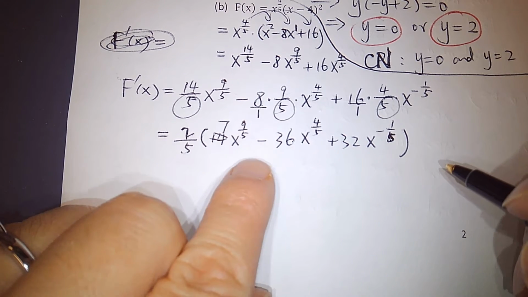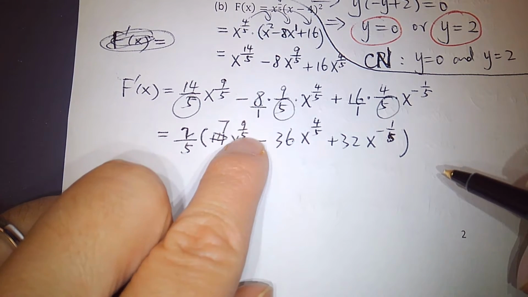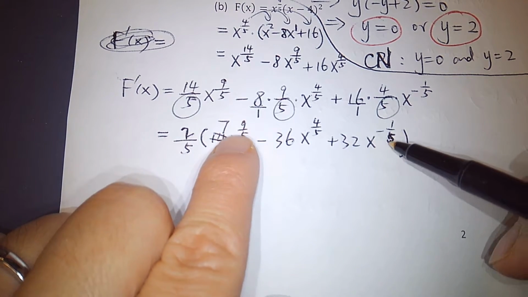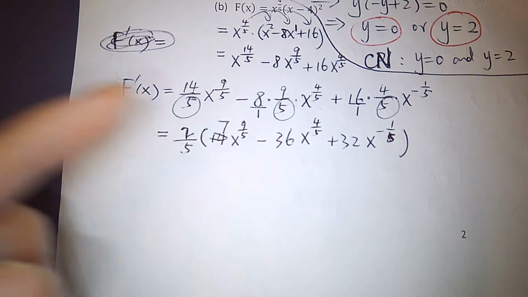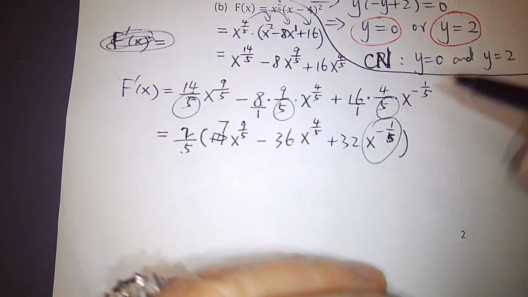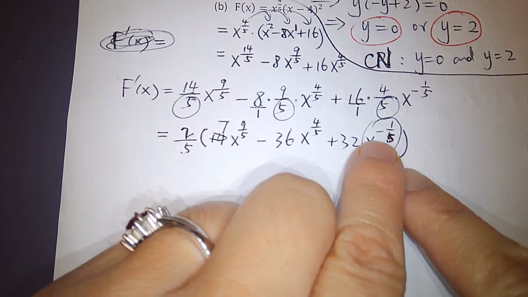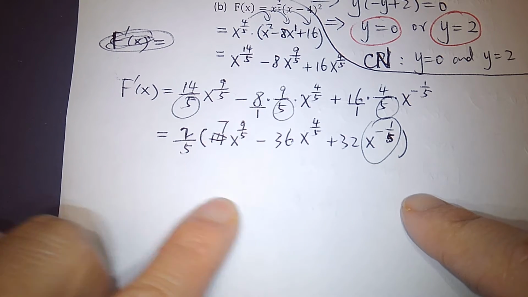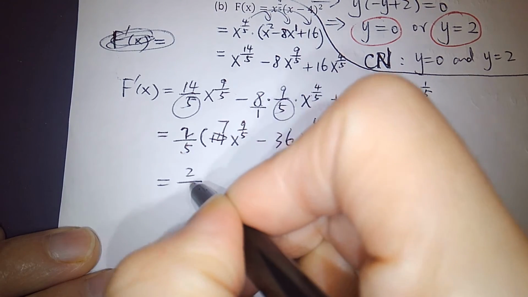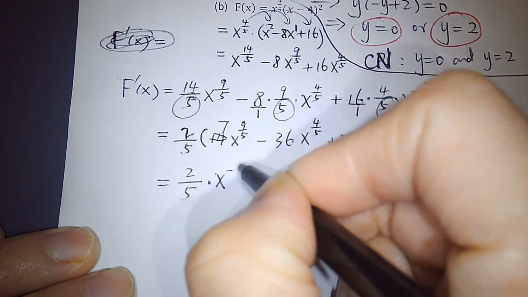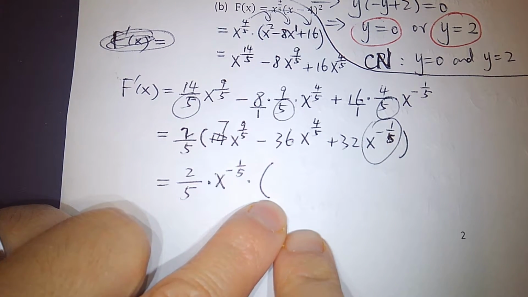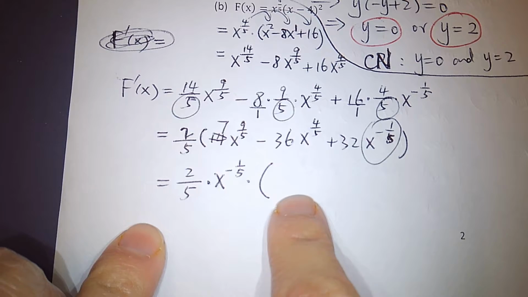Okay, everybody, we have x to the 9 over 5, x to the 4 over 5, x to the negative 1 over 5. Not even one exponent is an integer. How can we do it? x to the negative 1 over 5, I'm going to pull this part out and see what we can get. So 2 over 5, I'm going to pull this term out.